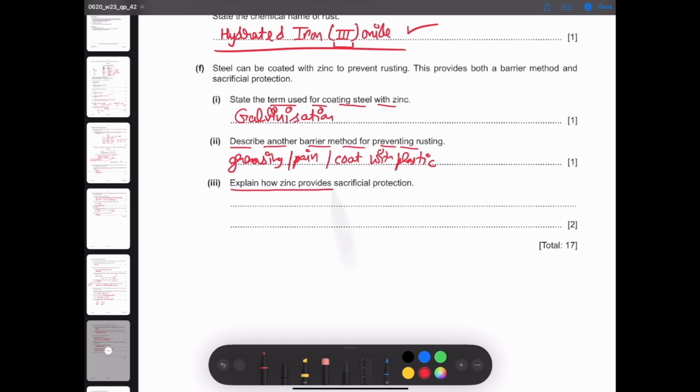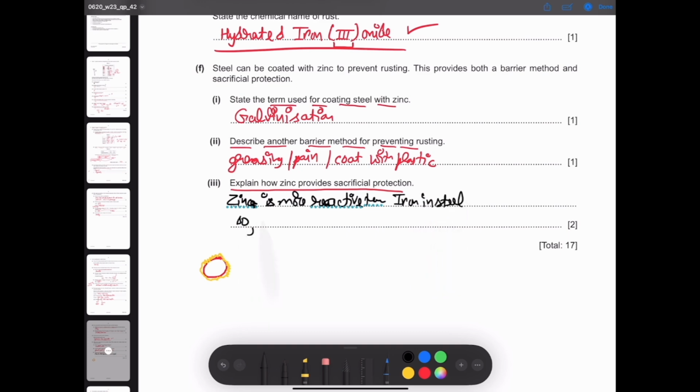Explain how zinc provides sacrificial protection. So they're simply asking you that if this was steel, what you're doing now is you're coating it with zinc. You're putting layers of zinc on top of it. So how does it actually help? See, we are coating zinc onto steel because zinc is more reactive than iron in the steel.